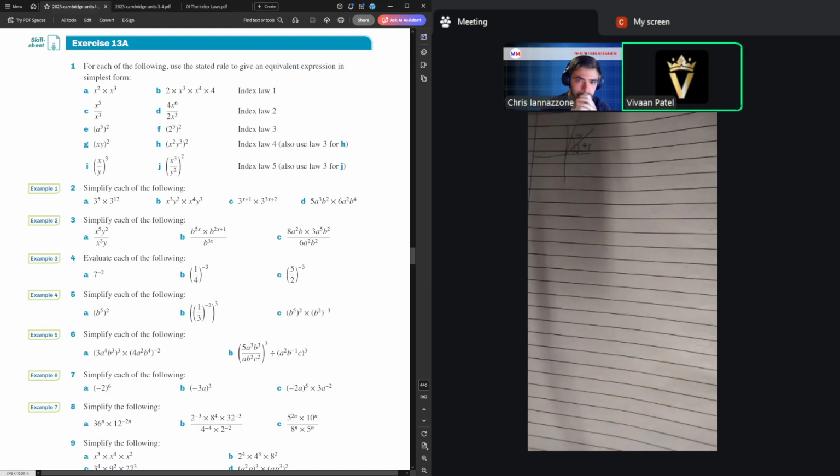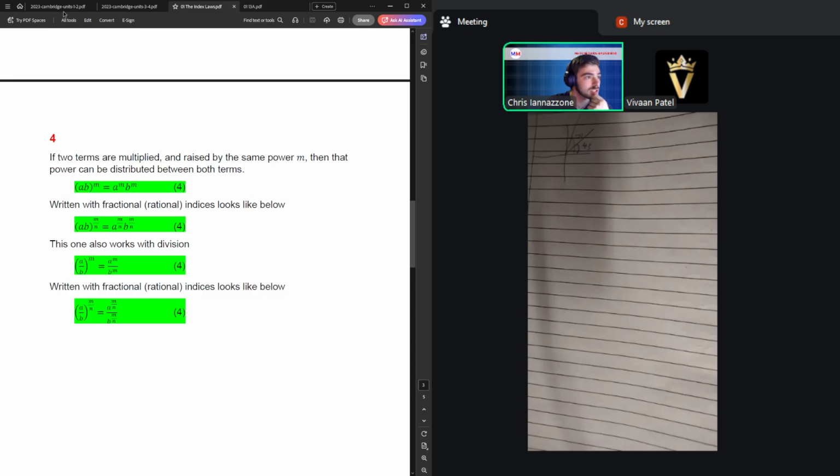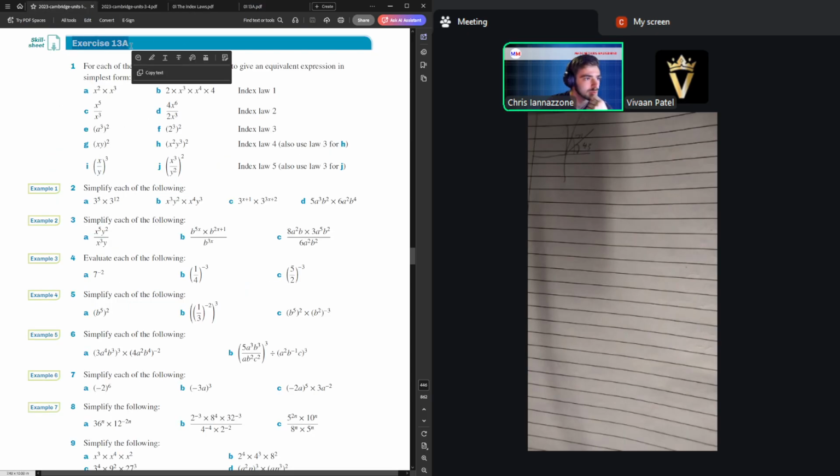I think I know what I did wrong. Okay, just show me the solution. Yeah, certainly. So here's one I prepared earlier. This tends to be one of the types of questions students struggle with the most. So we're doing 13A, 6B.